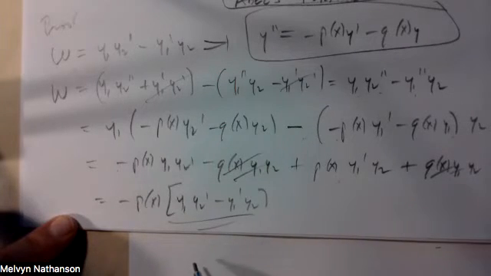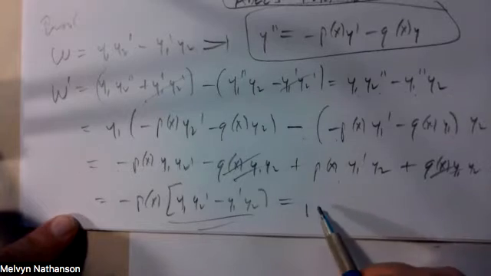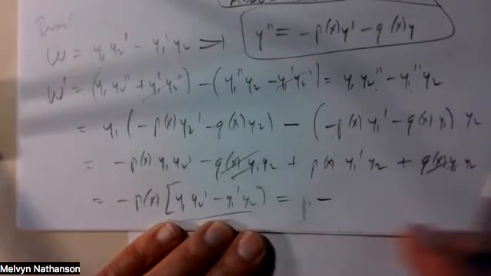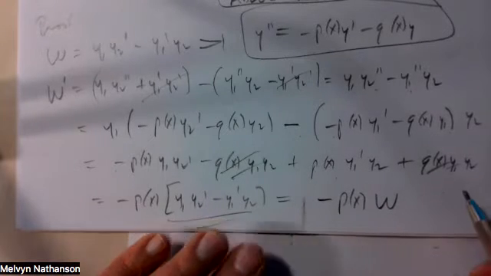But this is exactly the Wronskian. This is minus p of x times W.